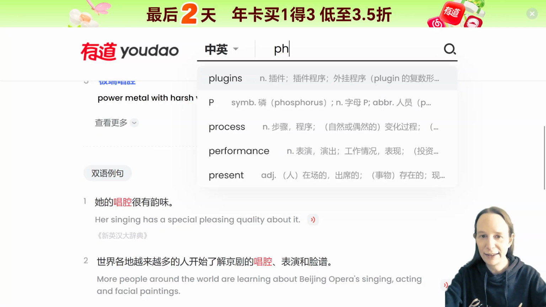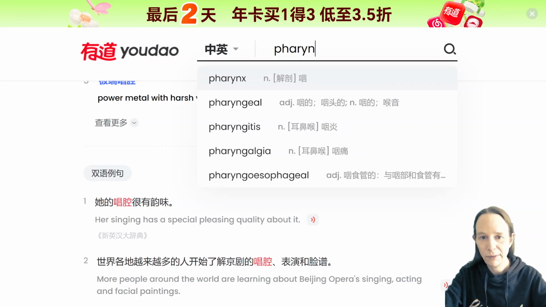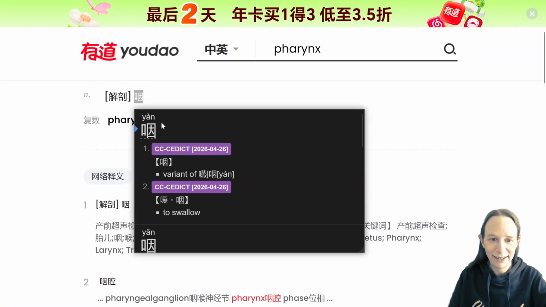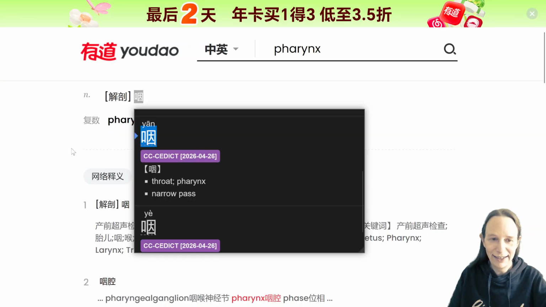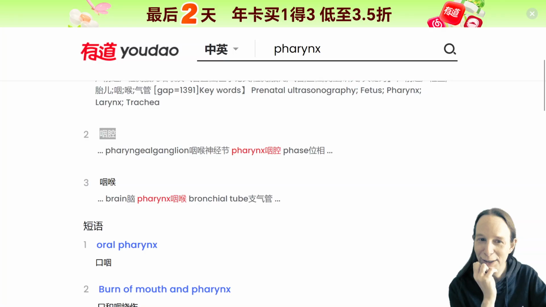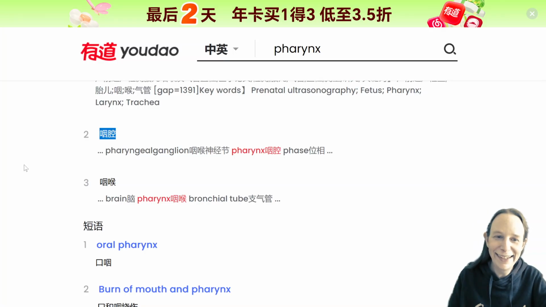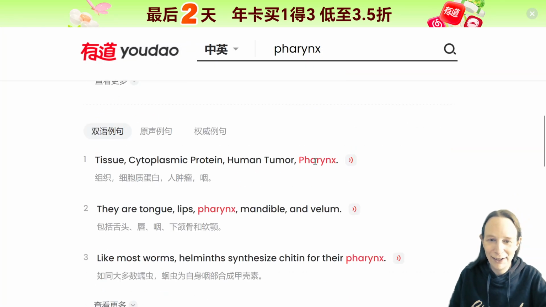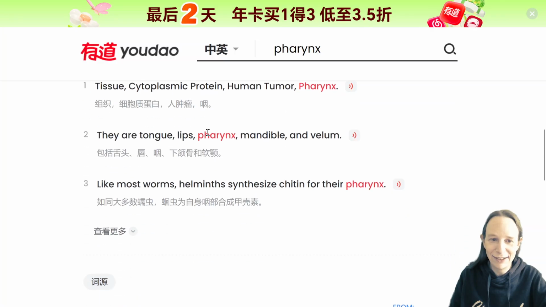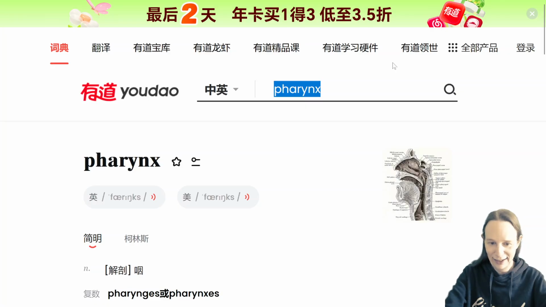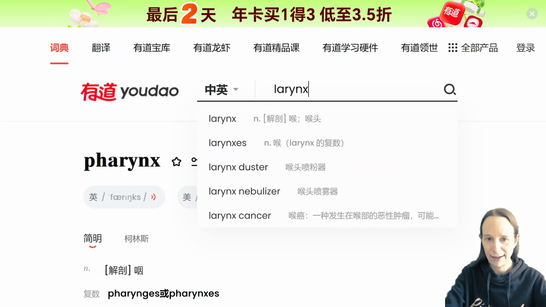What's a pharynx? Oh, yeah. It's this one. Yan, second tone. Yan. 咽腔, your pharyngeal cavity. I don't know. All right, your pharynx cavity, or just 咽 by itself. And larynx is, I'm not sure.